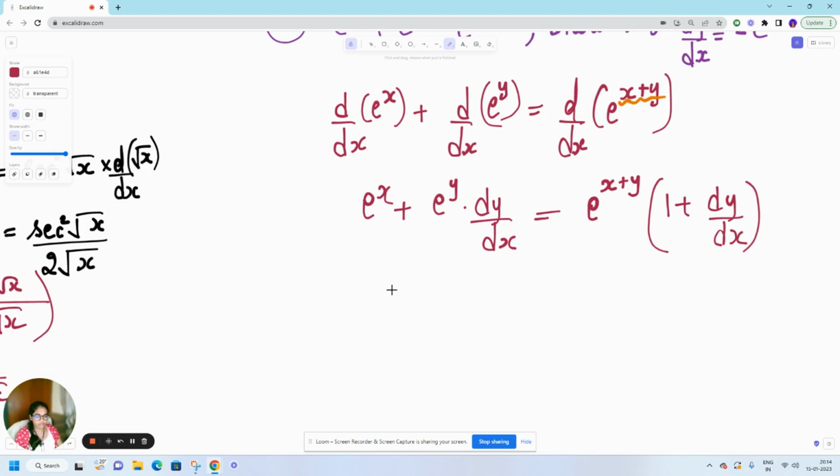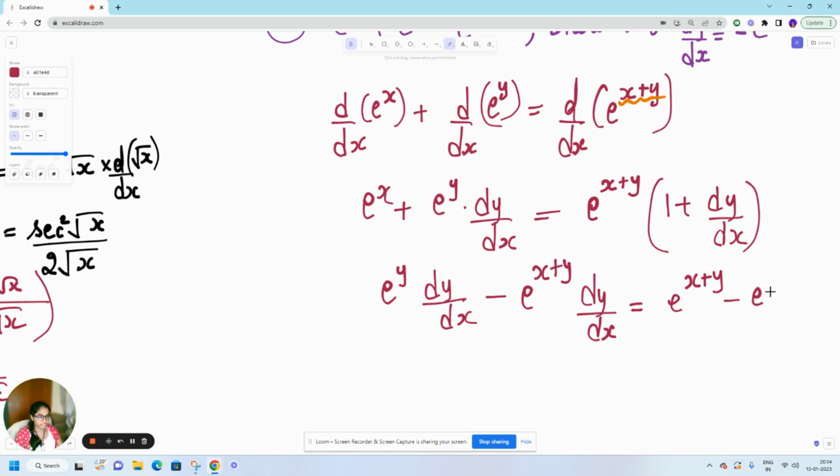Let me take all the dy by dx terms to one side. So I would get e power y dy by dx minus e power x plus y dy by dx, equal to e power x plus y minus e power x.